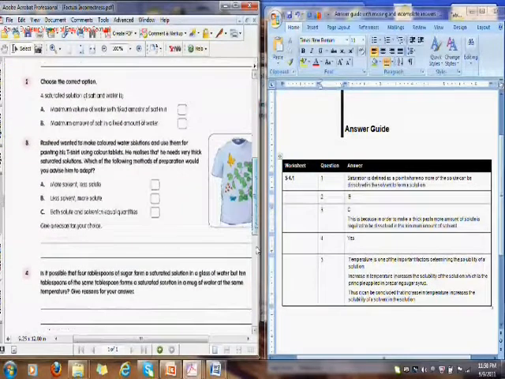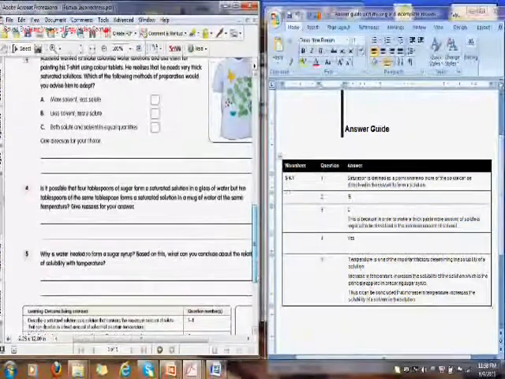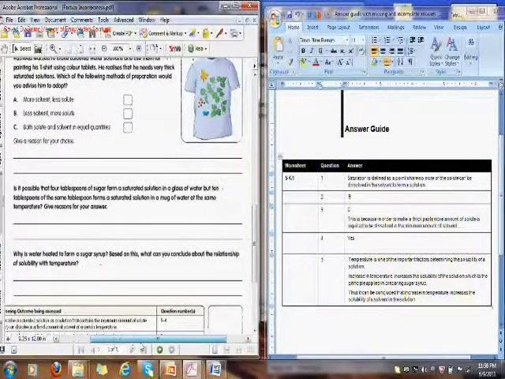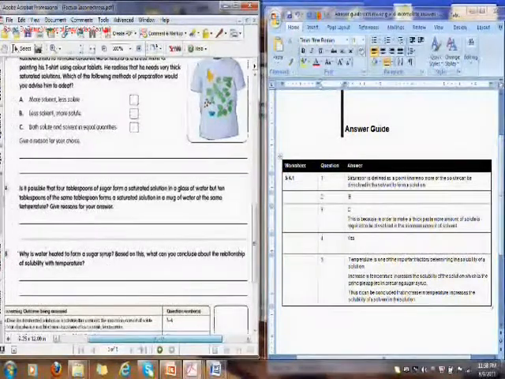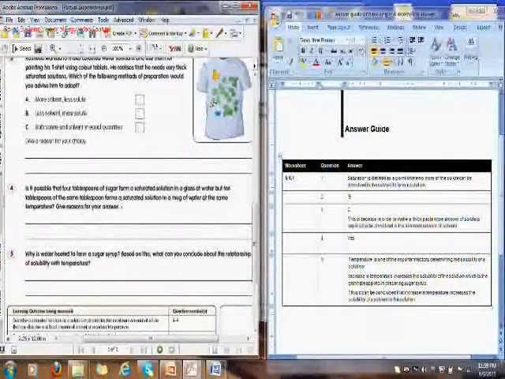Let's look at the fourth question now. It says, is it possible that 4 tablespoons of sugar form a saturated solution in a glass of water, but 10 tablespoons of the same tablespoon forms a saturated solution in a mug of water at the same temperature?